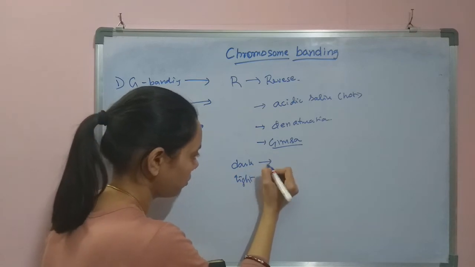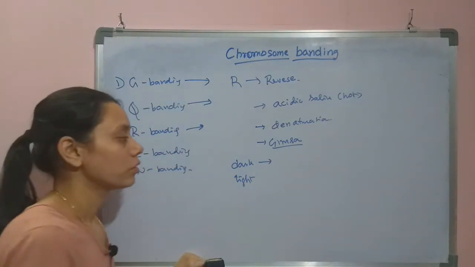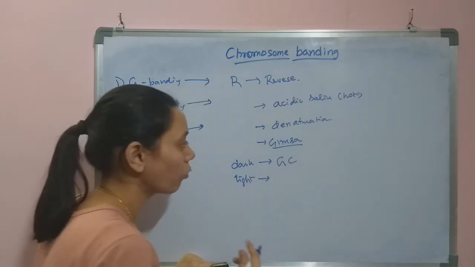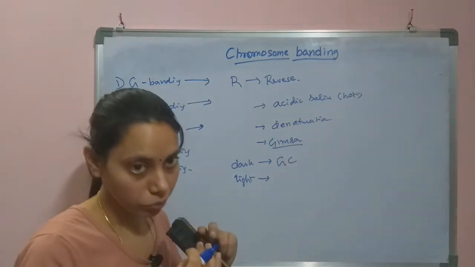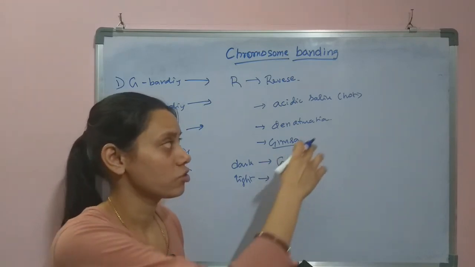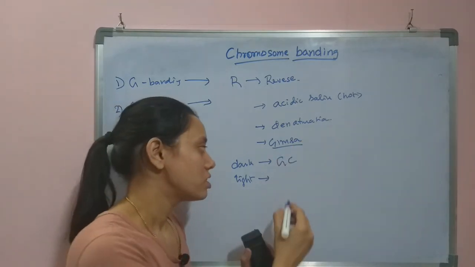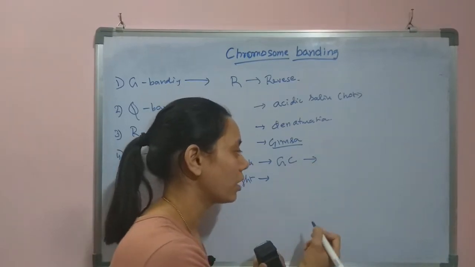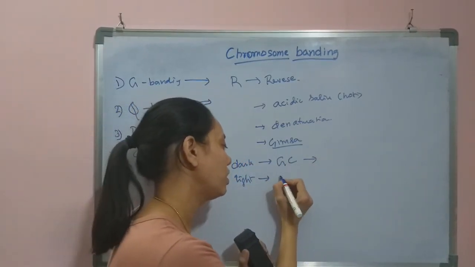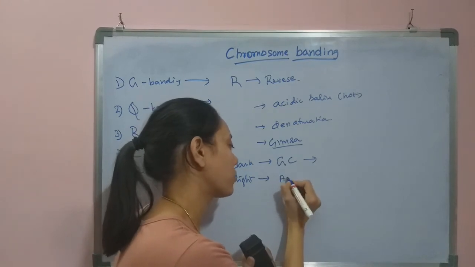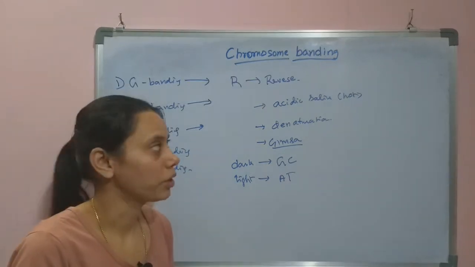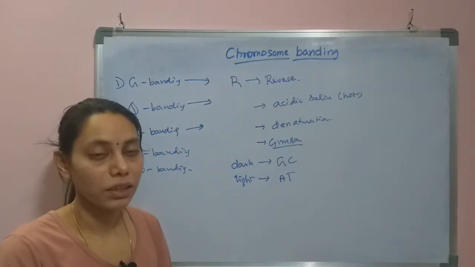Here the dark bands represent the GC rich regions, where only the hydrogen bonds will be retained even after the mild denaturation, and the GC bands will retain the dye and produce dark bands. And very light bands, that may be because of the AT rich regions, will appear using this reverse banding technique.